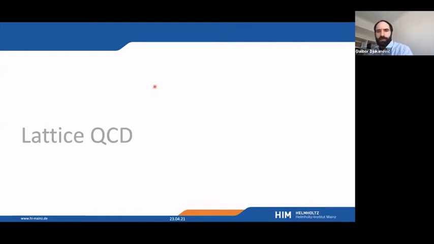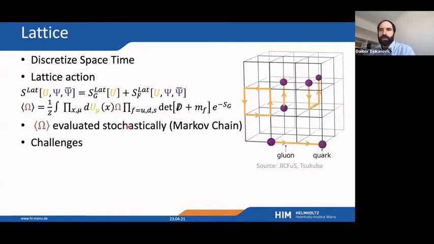On the Lattice side, I have this one slide introduction. I think this cartoon here is already very familiar to you. So in principle, the lattice is nothing but the discretization of spacetime, and you put the theory on a hypercubic lattice where the quarks live on the sites. And between these sites, the links is where the gluons live.